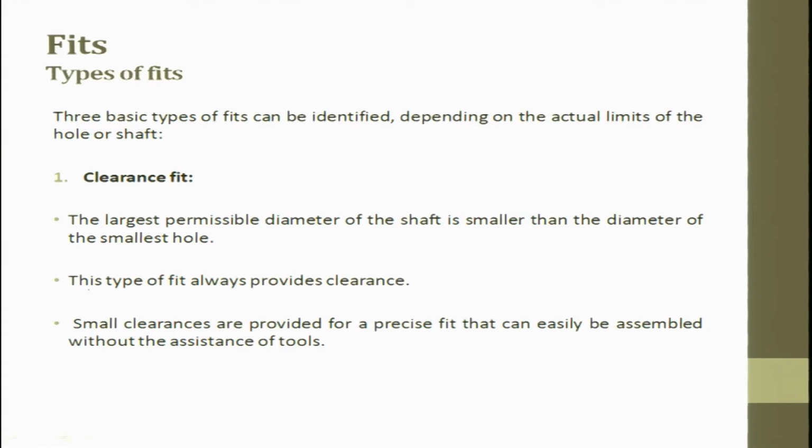So, this type of fit always provides clearance. Wherever you want to do reassembly, assemble and disassemble frequently, we always go for this. Small clearances are provided for a precise fit that can be easily assembled without the assistance of any tool.